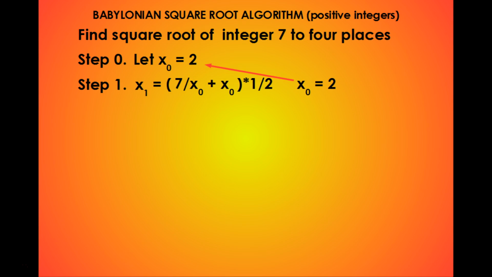When we make that substitution of x0 equal to 2 into that expression, we'll have 7 divided by 2 plus 2 and everything multiplied by half. We calculate that and we have 2.75 as the answer. Now we've got x1.